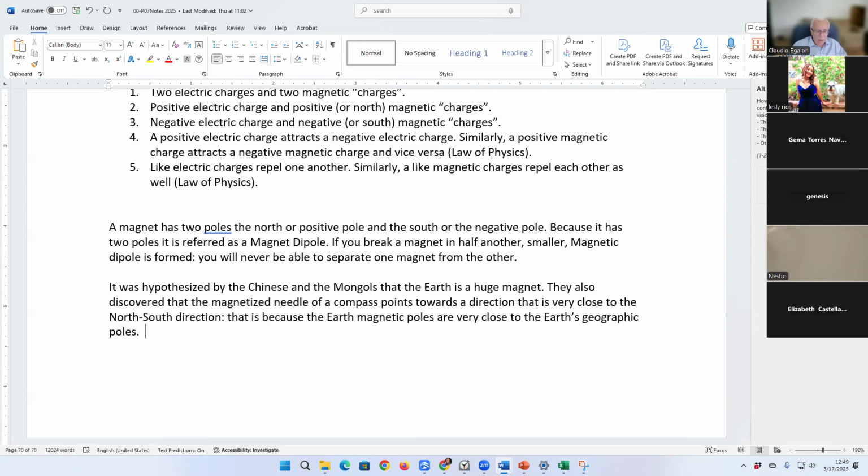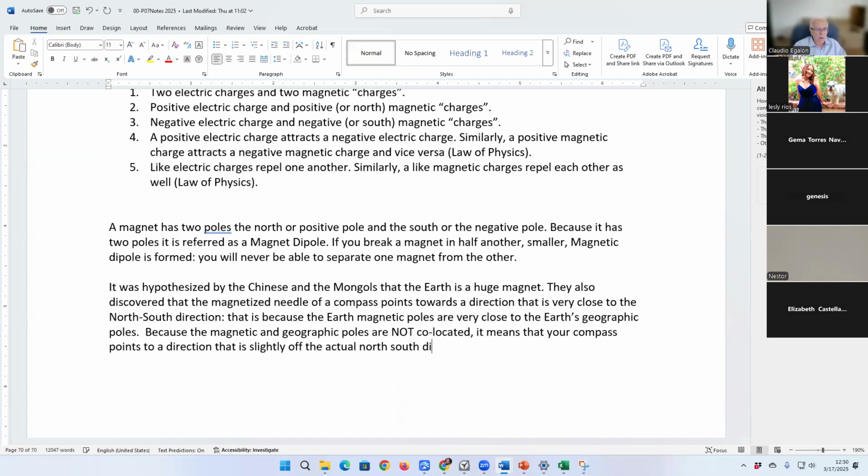There's a difference because the magnetic and geographic poles are not collocated, right? Collocated. It means that your compass points to a direction that is slightly off the actual north-south direction.